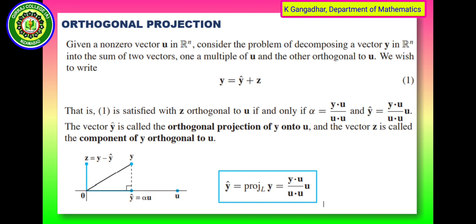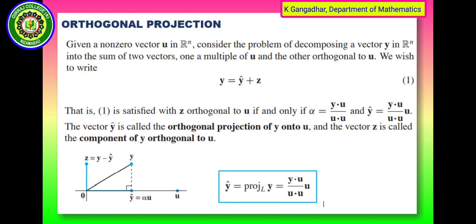Here z is orthogonal to u if and only if alpha equals y dot u by u dot u, and y hat equals y dot u by u dot u times u. This y hat is called the orthogonal projection of y onto u.